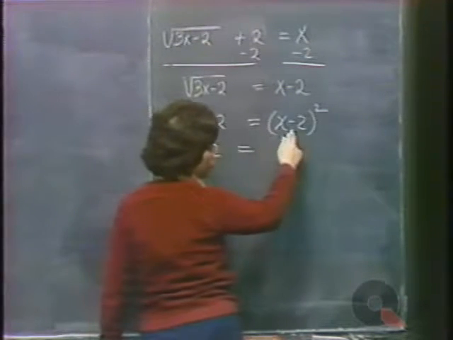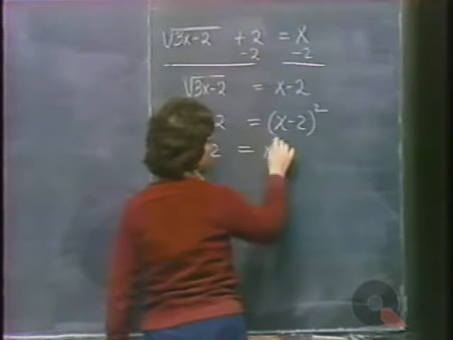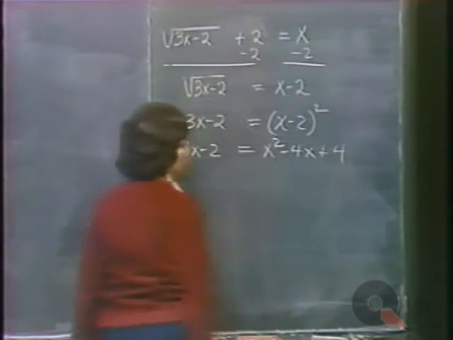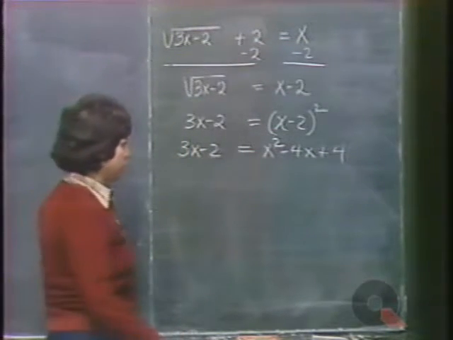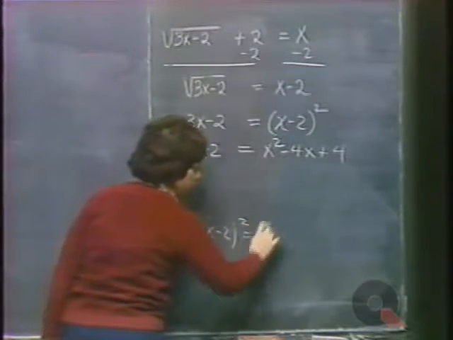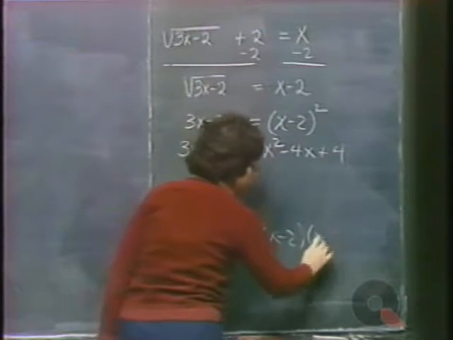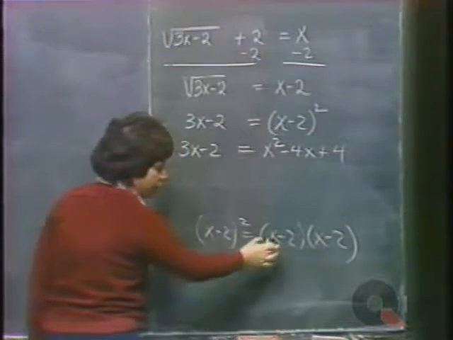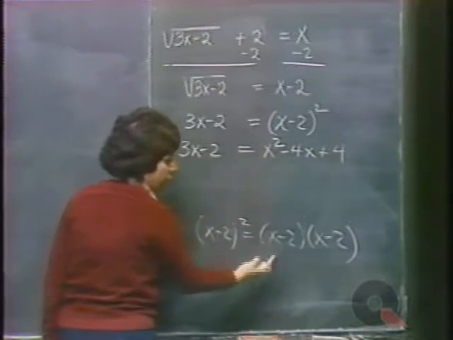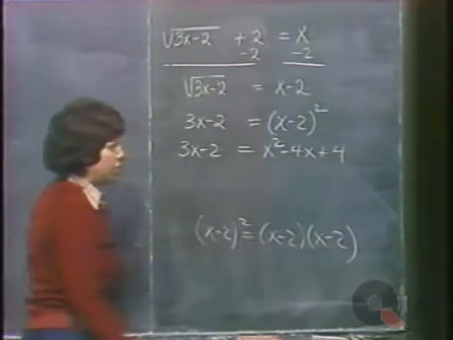So it's x minus 2 times x minus 2, giving us x squared minus 4x plus 4. Remember, x minus 2 squared is x minus 2 times x minus 2. By FOIL, it's x squared minus 2x for the minus 4x, and then the plus 4.